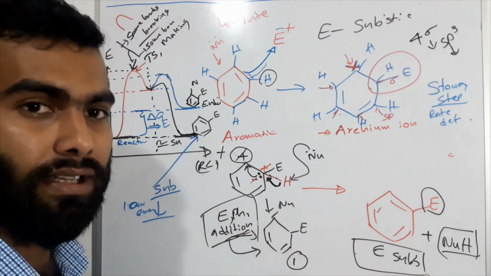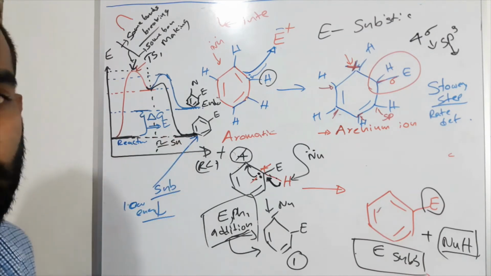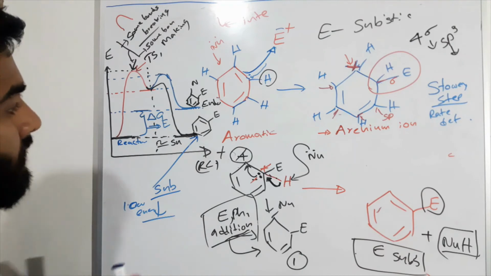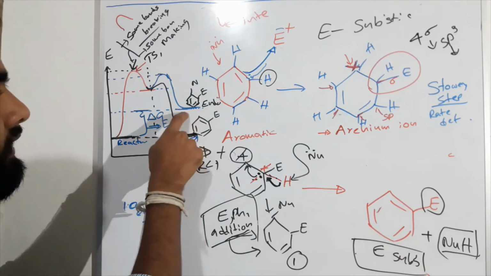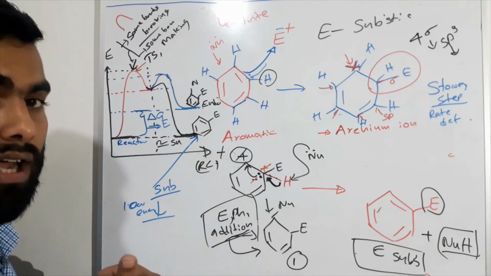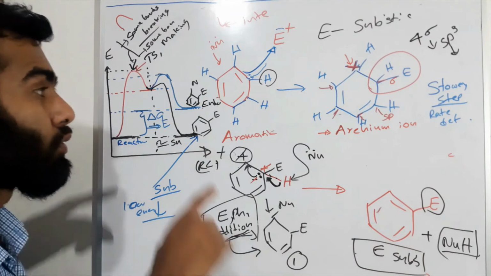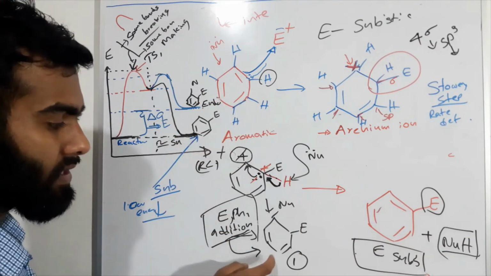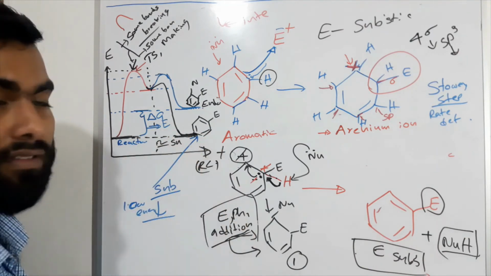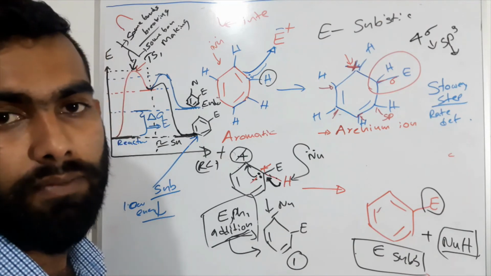However, we consider the energies of reactant and substitution product nearly equal. So this electrophilic addition is an endergonic reaction. That means it absorbs energy. We have to provide energy for this reaction to happen. On the other hand, this electrophilic substitution reaction, we don't need to provide energy. It will happen automatically.